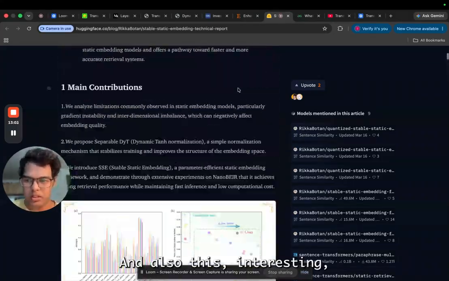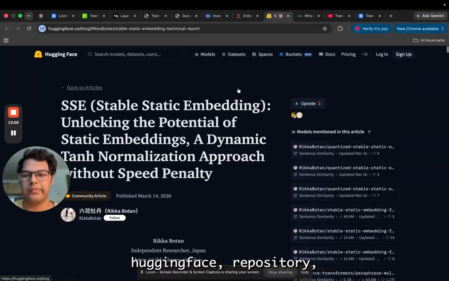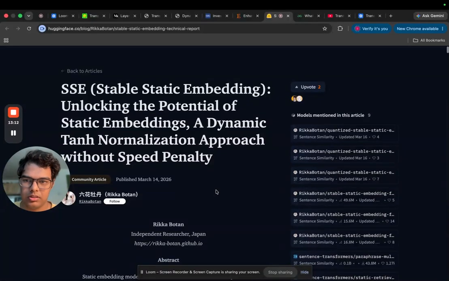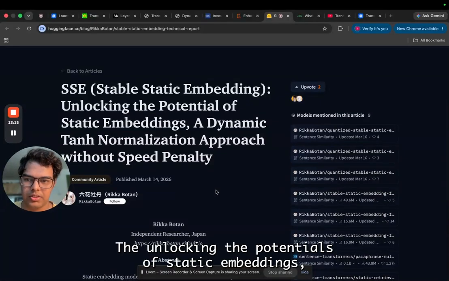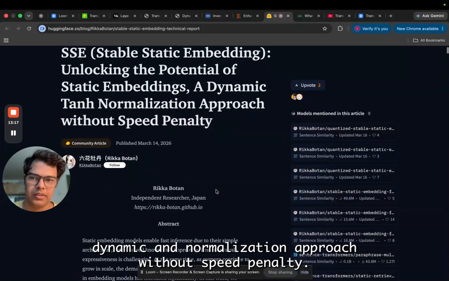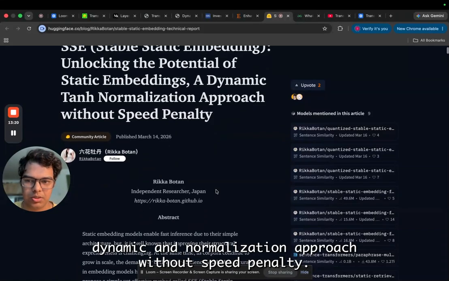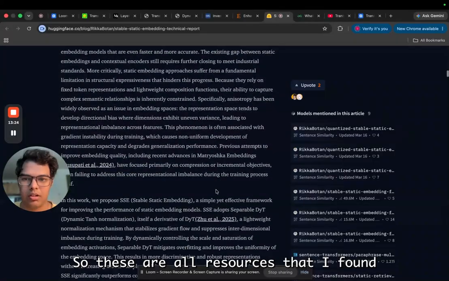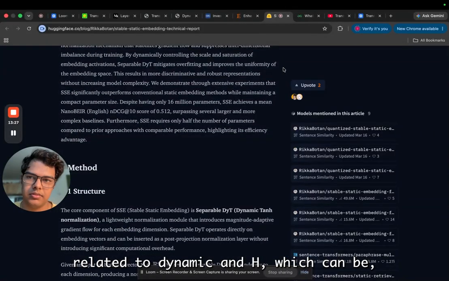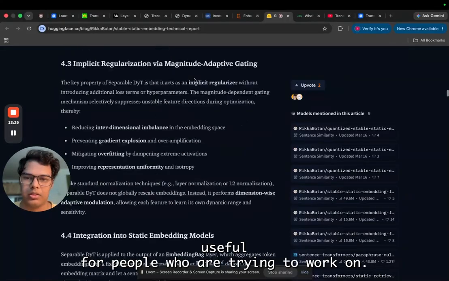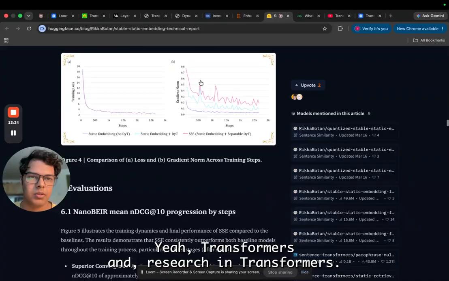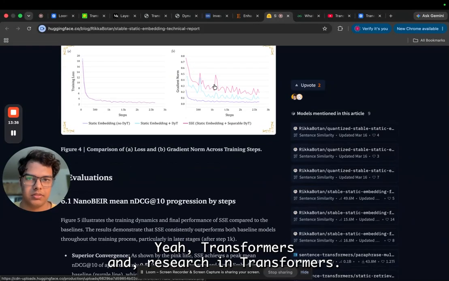Also, this interesting Hugging Face repository tells us about stable static embeddings, unlocking the potential of static embeddings, with a dynamic tanh normalization approach without a speed penalty. These are all resources that I found related to dynamic tanh, which can be useful for people who are trying to work on transformers and research in transformers.